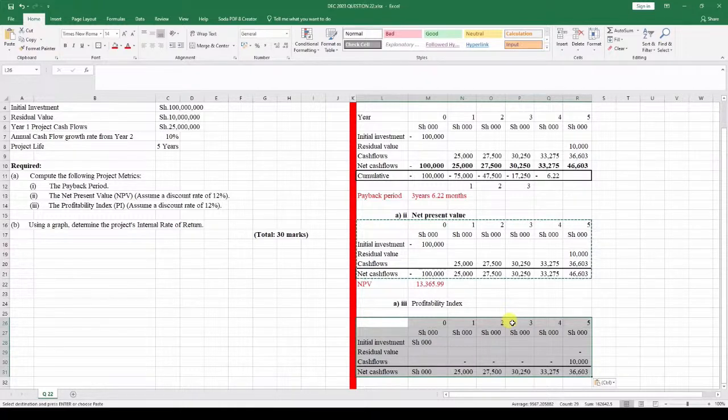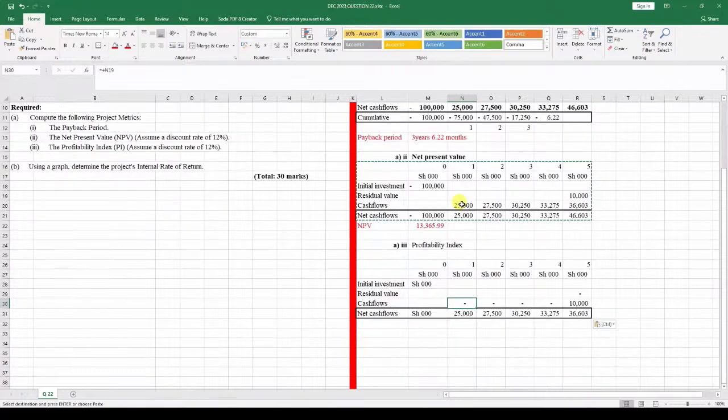With these values, we can just link it with the first value right over here, and drag it across like that. The residual value picks from here.